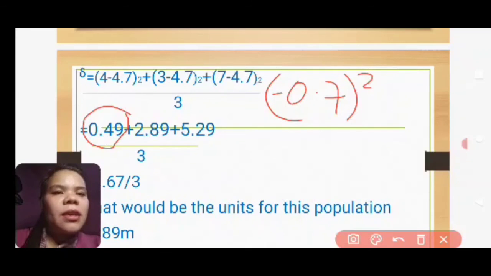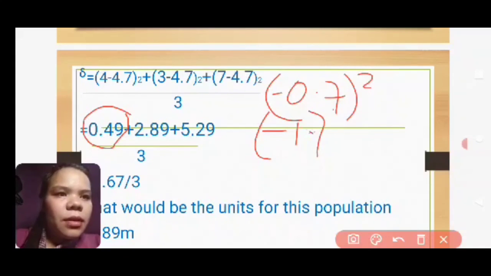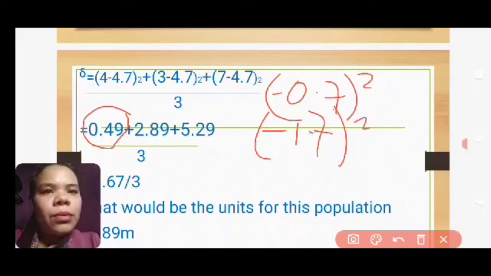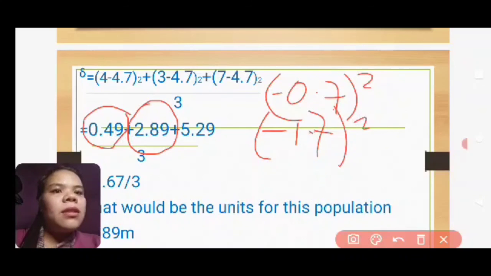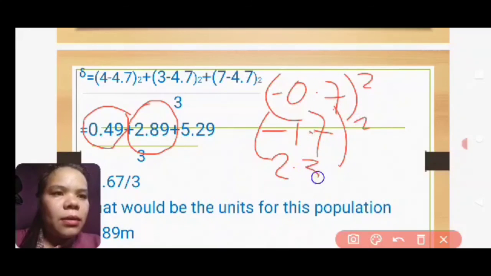Then next is 3 minus 4.7, which is equal to negative 1.7, squared. Then negative 1.7 squared is equal to 2.89. Then the next is 7 minus 4.7, which is equal to 2.3, squared.